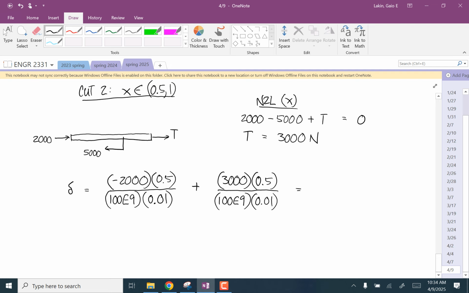And what we get here is 5.0 times 10 to the minus 7 meters.